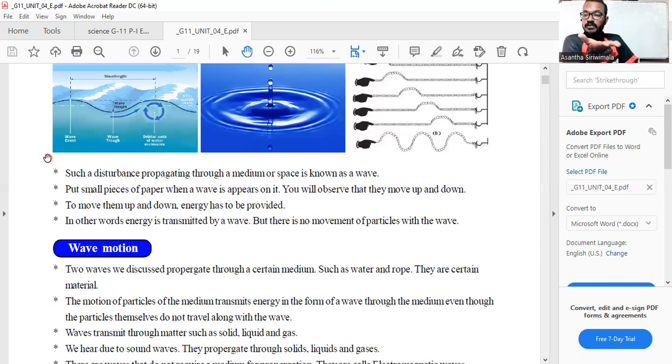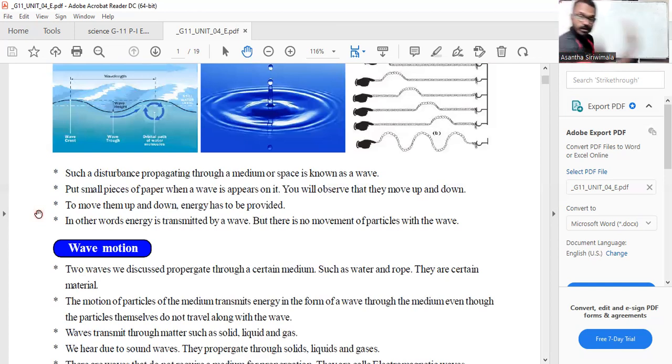In order to move a piece of paper up, there should be some amount of energy, some energy to lift it. So in other terms, waves are taking energy with them. In other words, energy is transmitted by waves, but there is no movement of particles with the wave. The piece of paper is a sort of particle, and it moves just up and down.